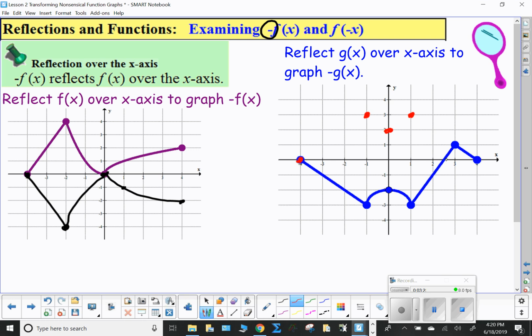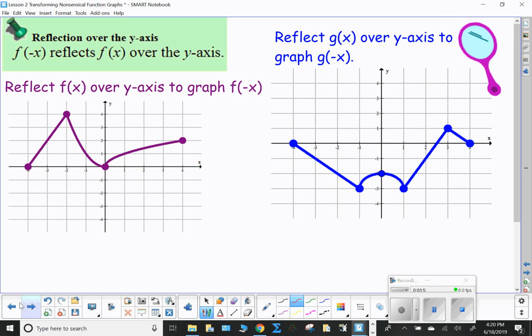Now notice if I'm on it, I stay on it. 1 above goes to 1 below and back on it. Then I'm going to connect the dots in a similar fashion to what they were before. And here, negative g of x is in red. It simply flipped over the x-axis.